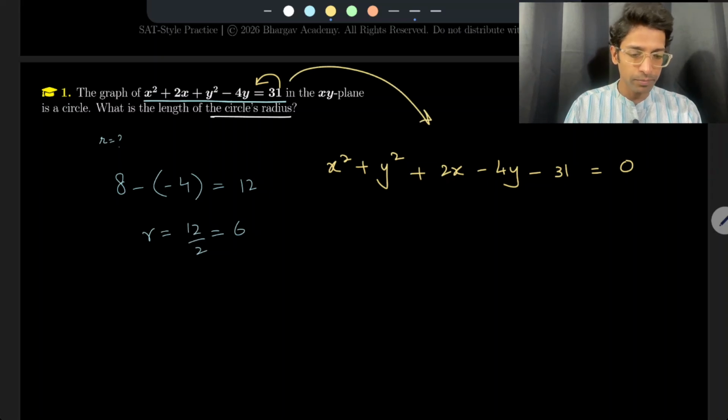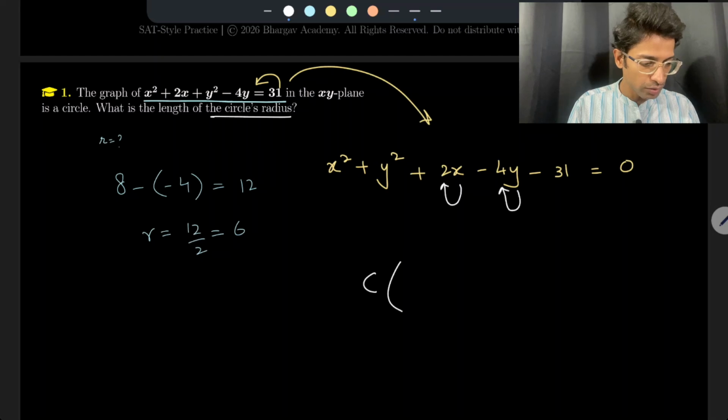Now please pay attention here. This is a beautiful method and very handy if you know how to do this, and it's quite easy. Now focus on the x coefficient and the y coefficient. First we need to find the center of the circle. So write down the center of the circle like this.